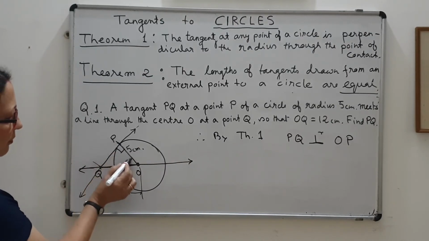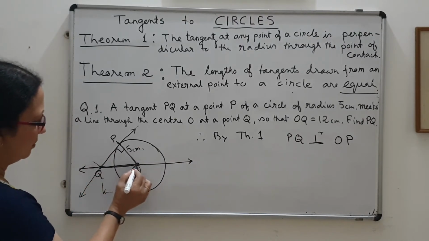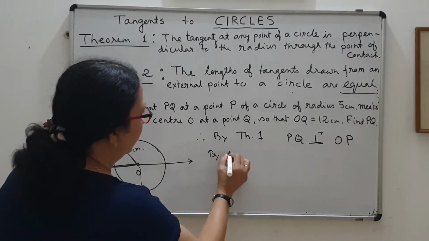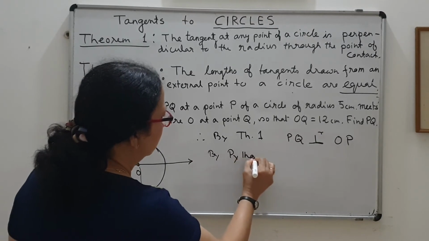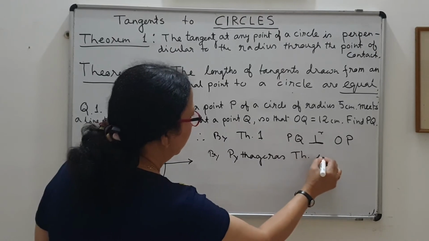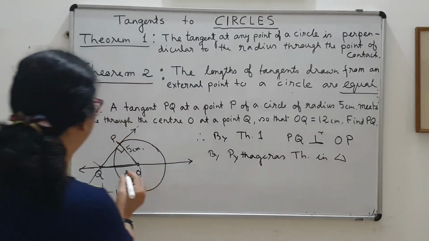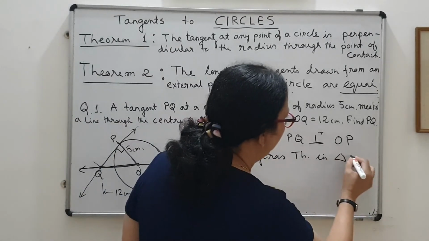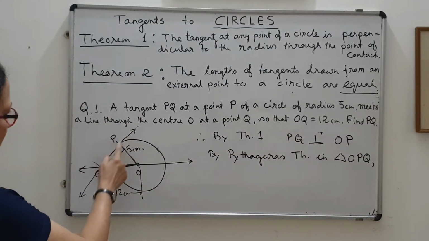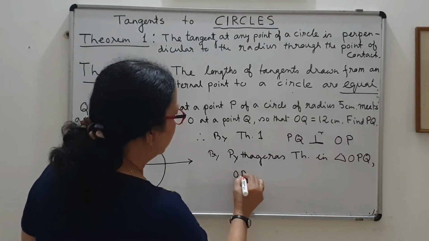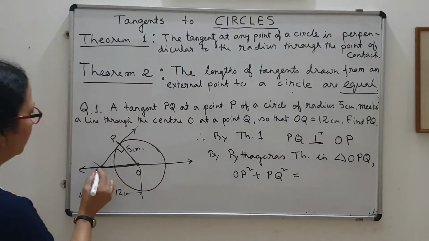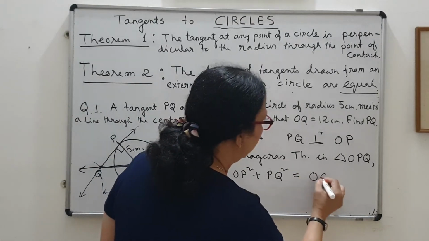Now this is your 5 centimeter. This is your 12 centimeter. So very easily I can find out PQ. So by Pythagoras theorem, in right triangle OPQ, we can say OP square plus PQ square is equal to hypotenuse OQ square.